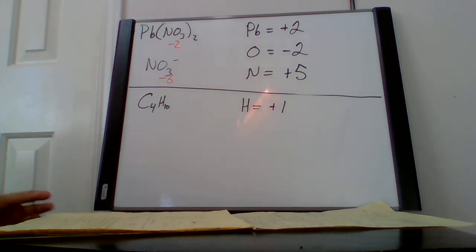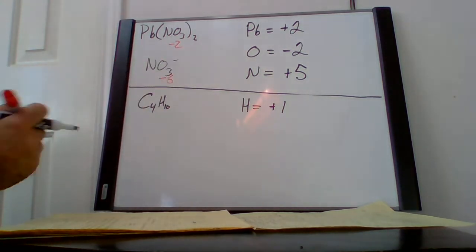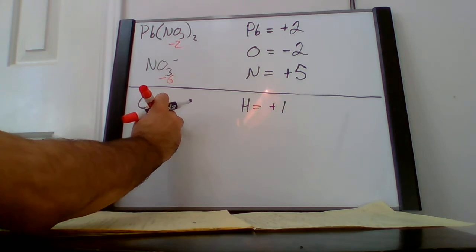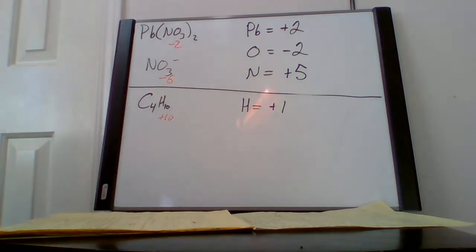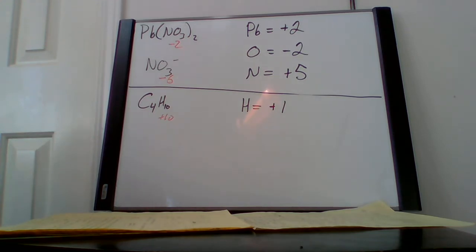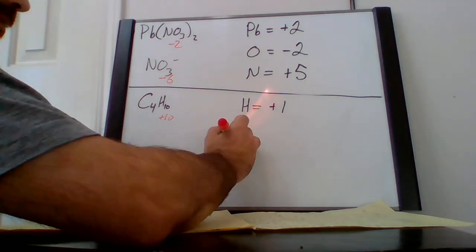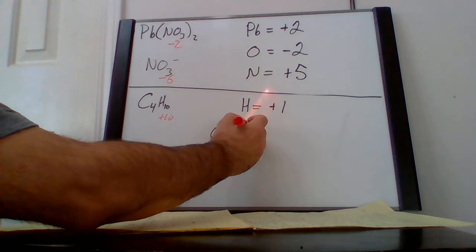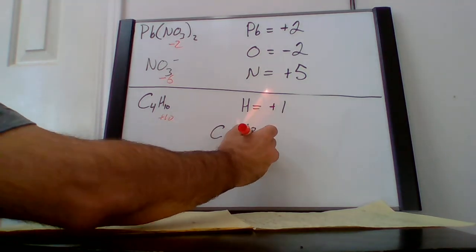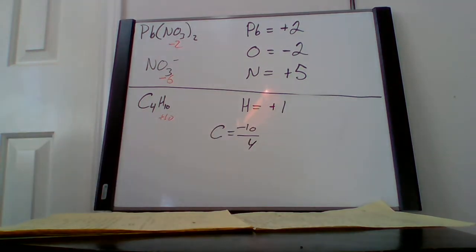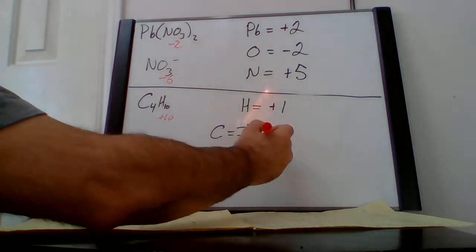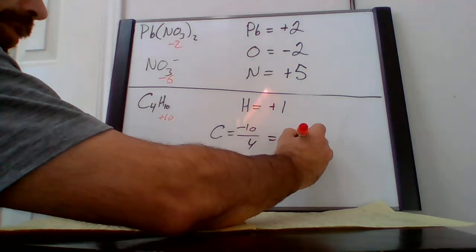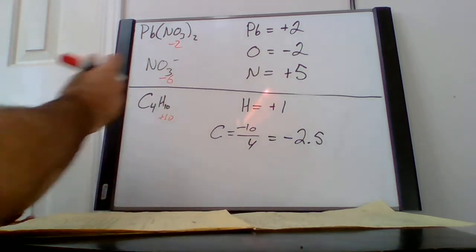This compound has a 0 total charge, so I have a +10 for my hydrogen. My carbon needs to balance this out, and I have 4 of those. So my carbon has to be -10 divided by the 4 carbon atoms, which gives each carbon atom a -2.5 oxidation number.